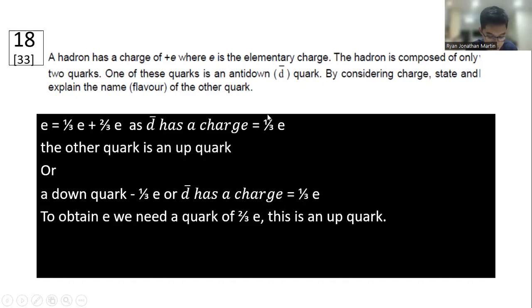Anything you want to ask? If not, we'll stop for today. I thought a charm and a top quark have the same charge, right? 2/3 E. So why not the charm or top, but the up quark? You are asked to identify the flavor, that's all.